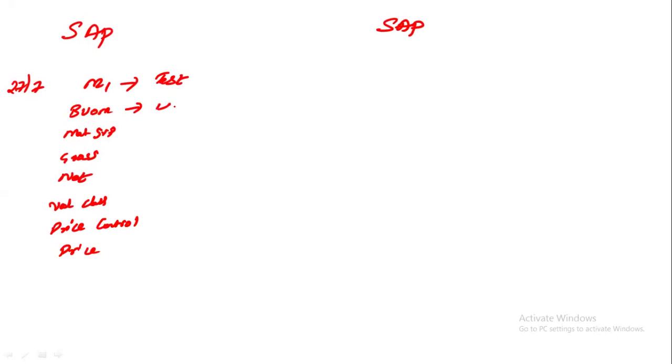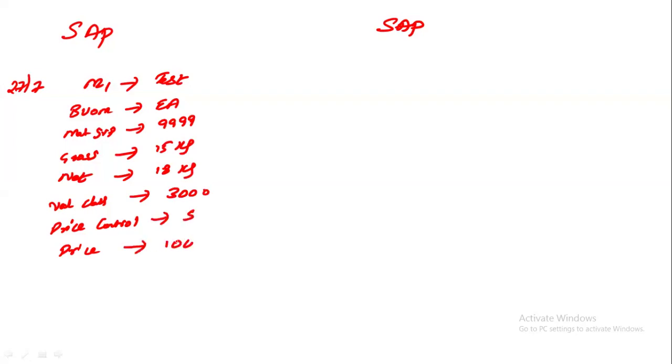Unit of measure is each, material group is 9999, gross weight is 15 kg, net weight is 18 kg, valuation class is 3000, price control is S, and the price is 100.